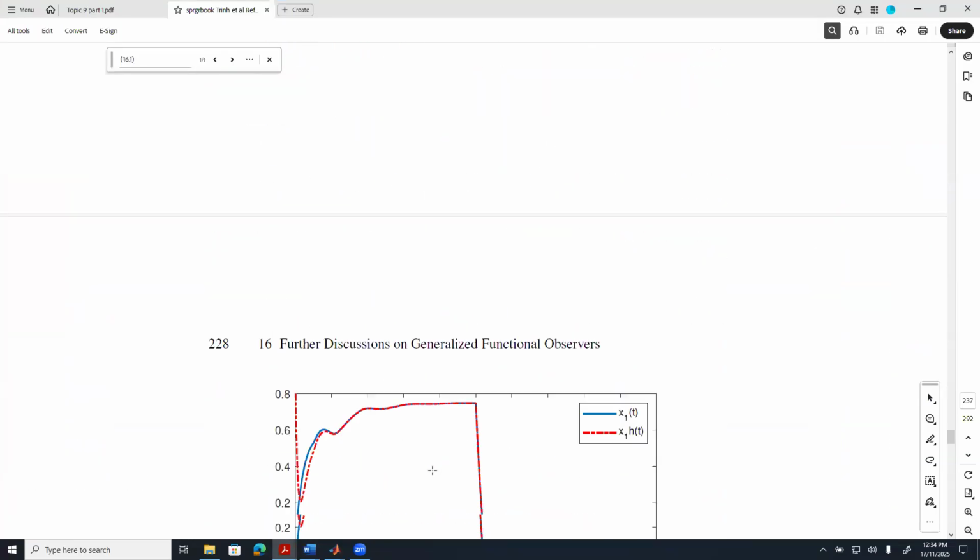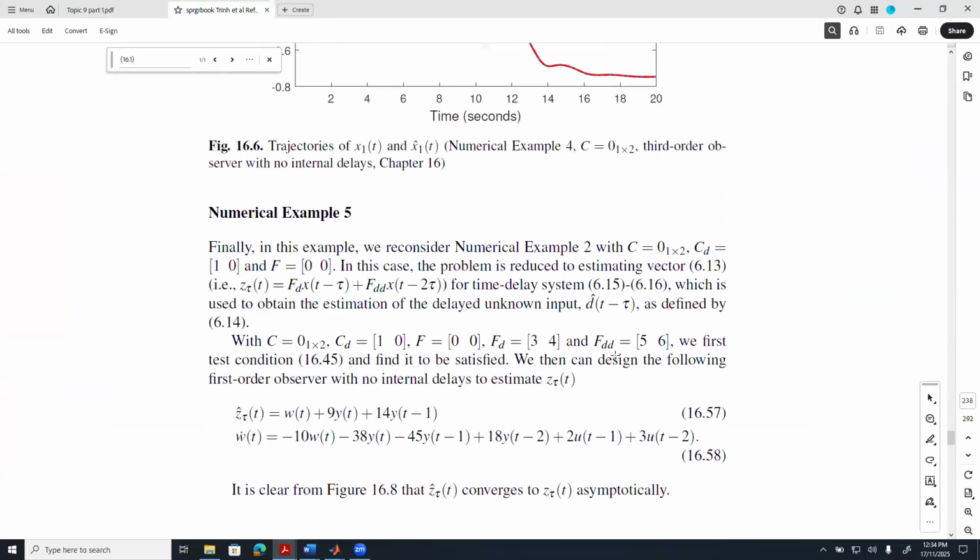After that, we also look at another example. In this chapter, we look at another example where we consider the situation where C is 0, CD is something, and F is 0. This particular example is given so that we can then use it to estimate the delay unknown input in chapter 6.